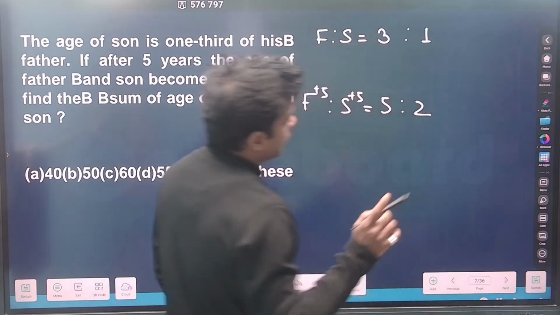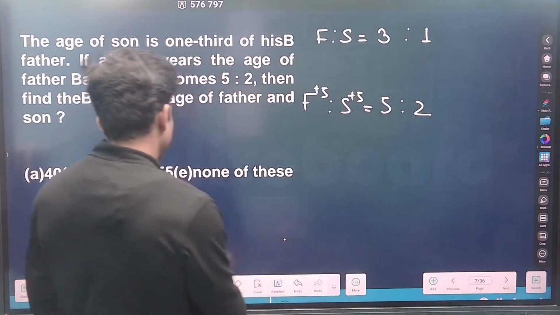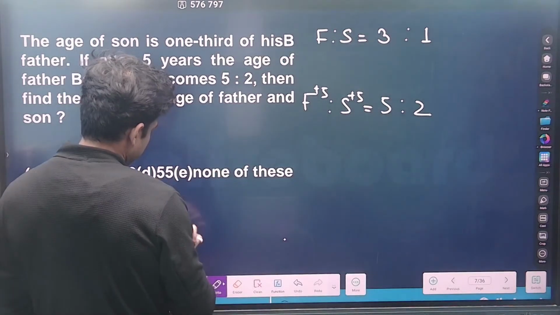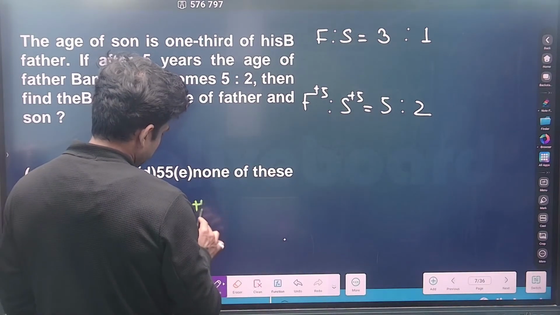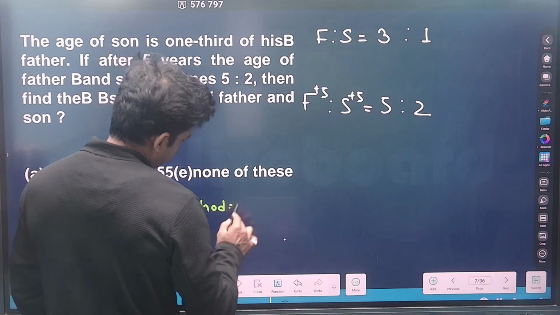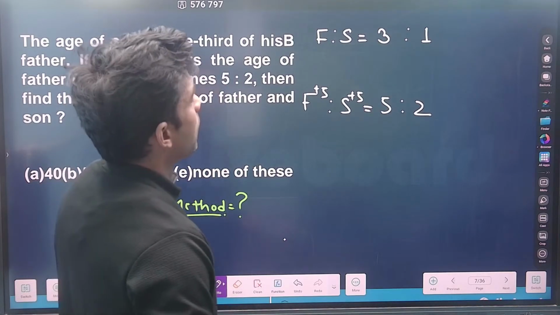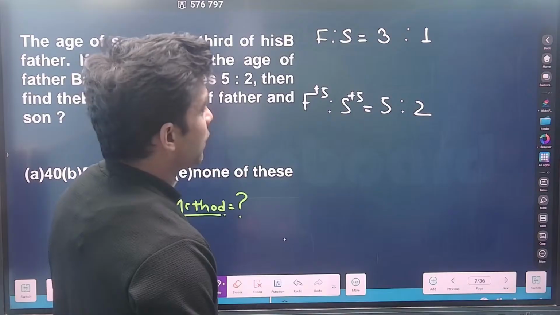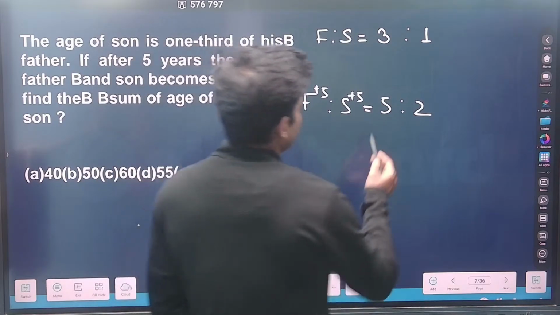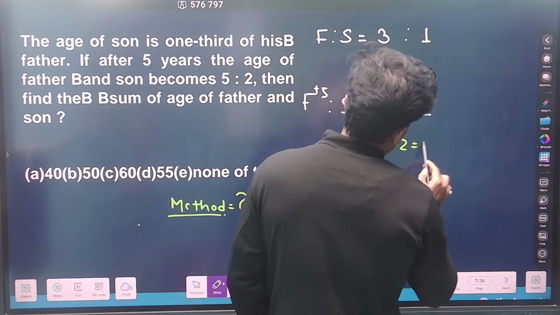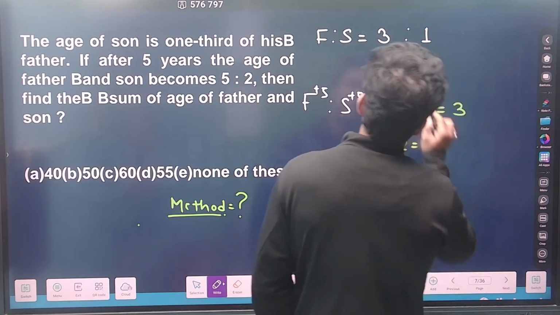Now what is the method which I am guiding you through right now, everyone? Please look over the method. The method is that here you need to equate the difference. Now see, 5 minus 2, the difference is 3.